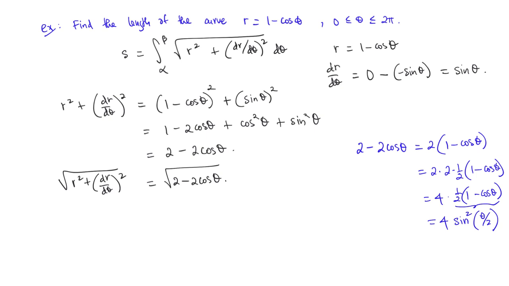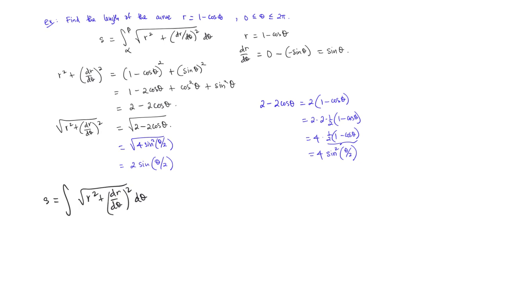This is from the double angle formula. Thus, the square root of 2 minus 2 cosine of theta is the square root of 4 sine squared of theta over 2, which is 2 sine of theta over 2.